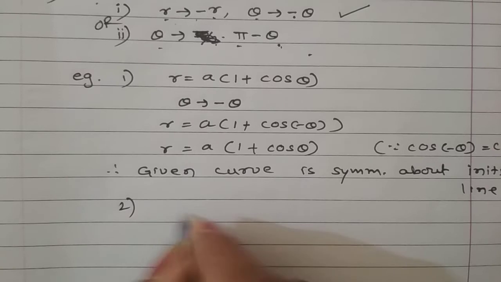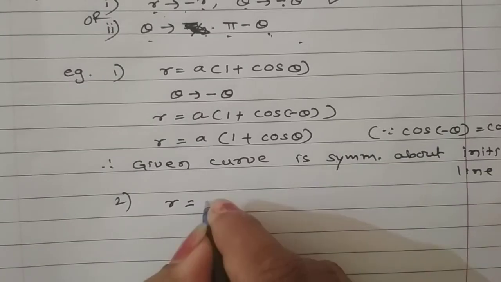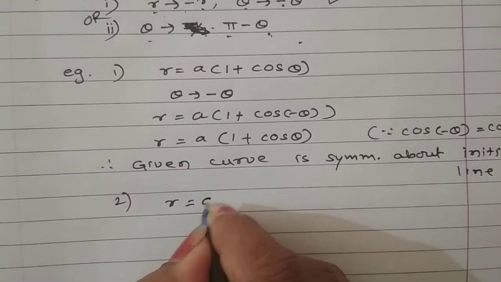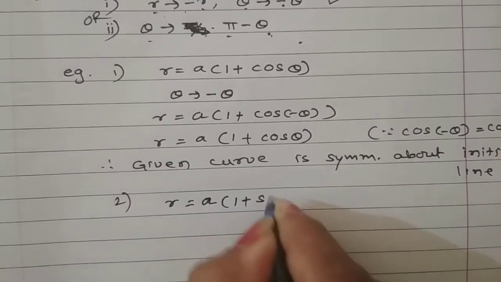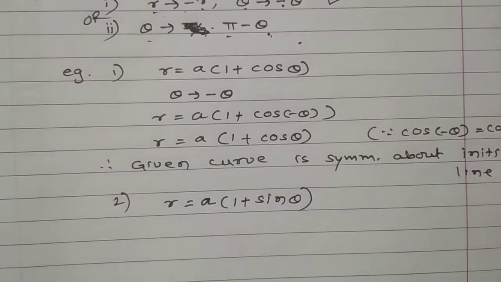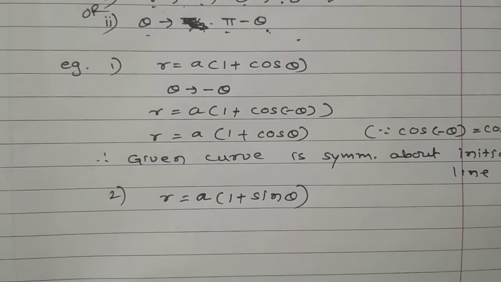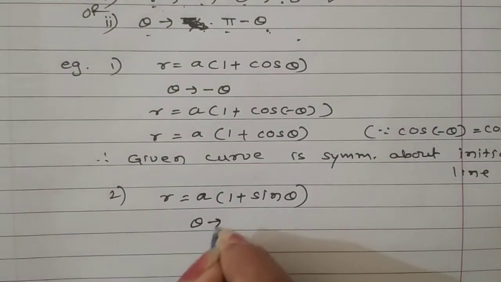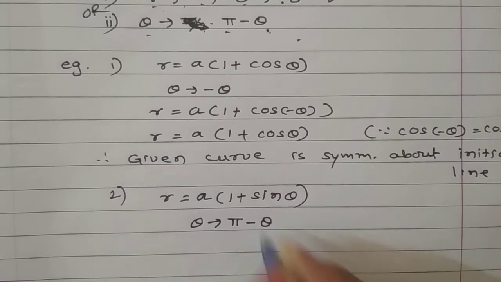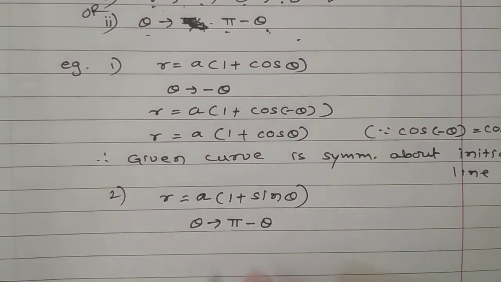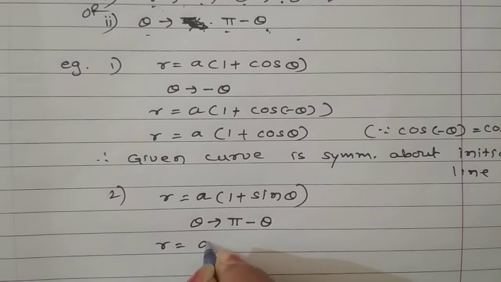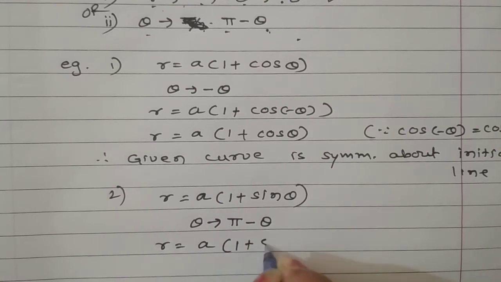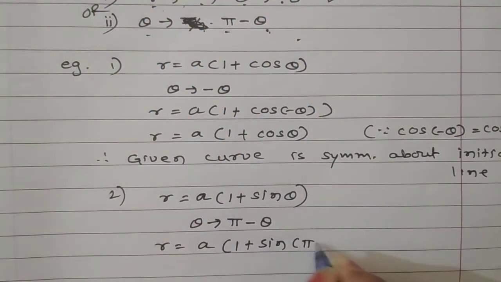Second example, r is equal to a into 1 plus sin theta. If in this equation we replace theta by pi minus theta, then we get r equal to a into 1 plus sin of pi minus theta.